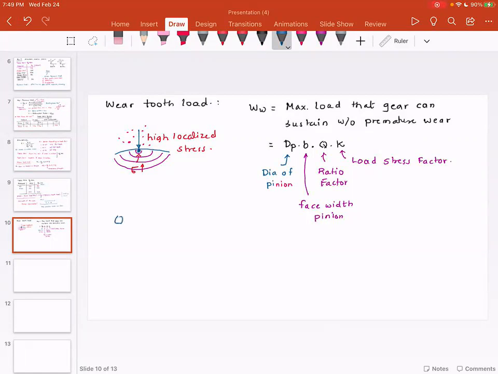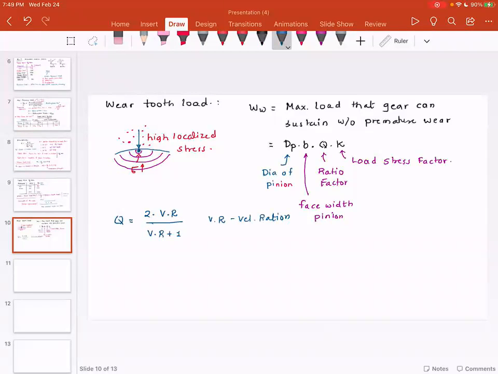So this Q, which is called the ratio factor, depends upon the velocity ratio. This ratio factor is given as 2 times the velocity ratio divided by velocity ratio plus 1, where VR is velocity ratio.